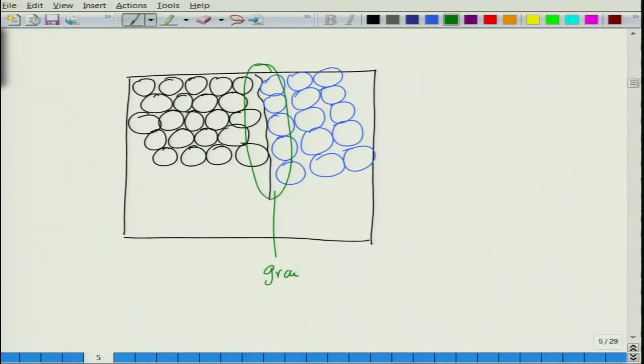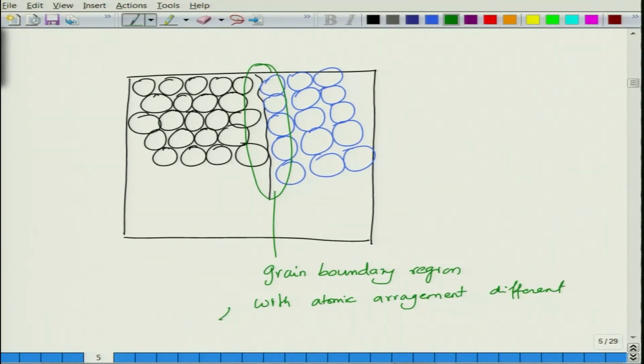So this is the grain boundary, the region with atomic arrangement different from neighboring grains, and generally with broken bonds. If it is a large angle boundary, you will have broken bonds as well.